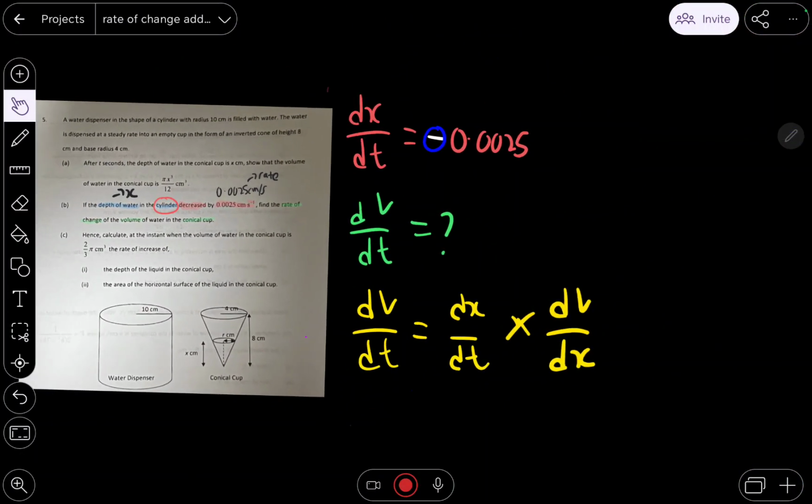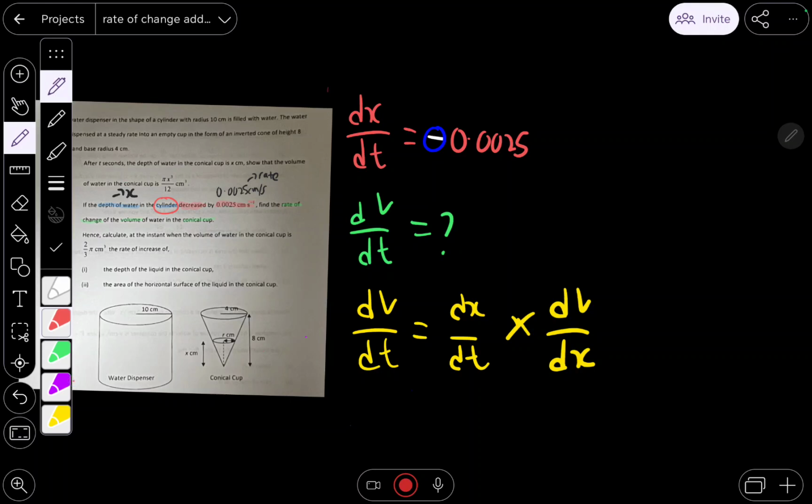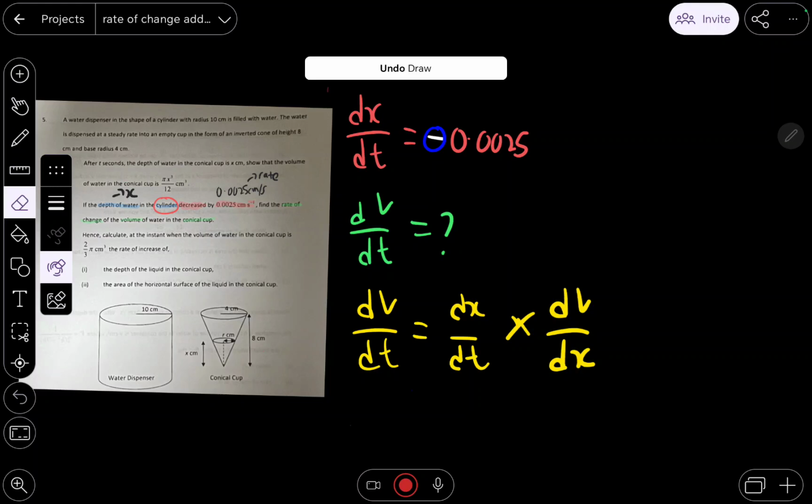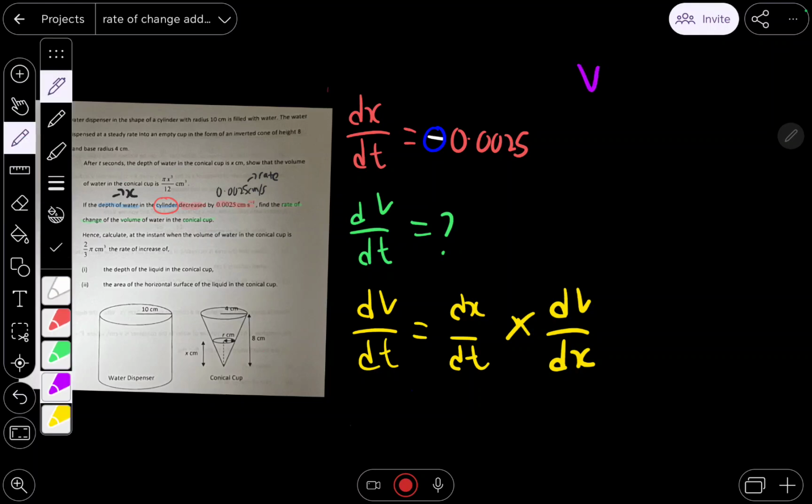Alright, so what's the volume of cylinder, everyone? Ladies and gentlemen, what is it? So the volume for a cylinder is pi r squared h. What's your radius? Your radius is 10, right? Pi 10 squared. You know what?